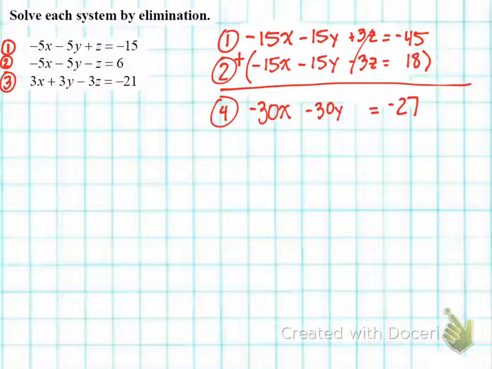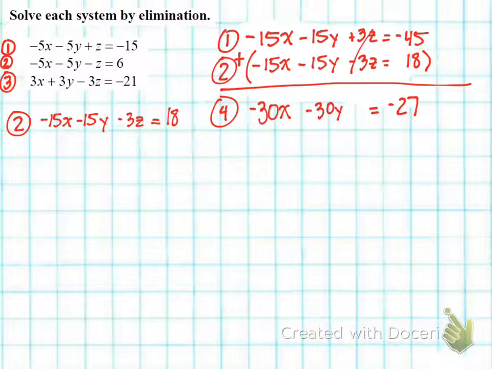Now we're going to do the same thing with 2 and 3. I already have 2 set up, so I just copy it: negative 15x minus 15y minus 3z is equal to 18. Equation 3, you just copy it again: 3x plus 3y minus 3z is equal to negative 21.